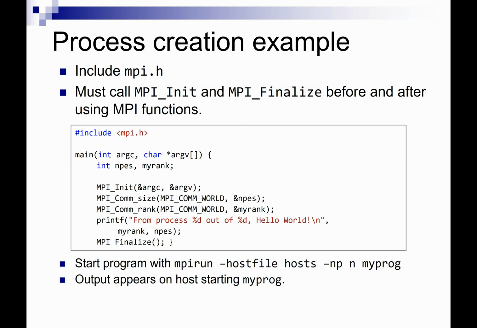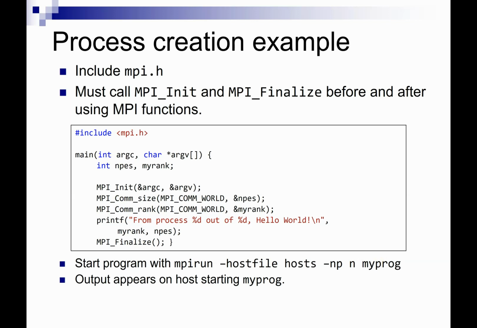You have multiple computers, and you can list those computers in the host file, and then that will run the MPI program on those computers as long as you have permission to them. And then this -np option specifies how many processes you want to create. For example, you might want to run 8 processes. And this myprog is just the program that you created over here.